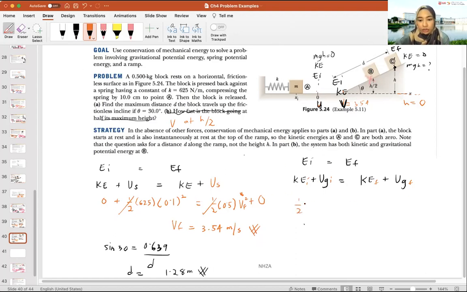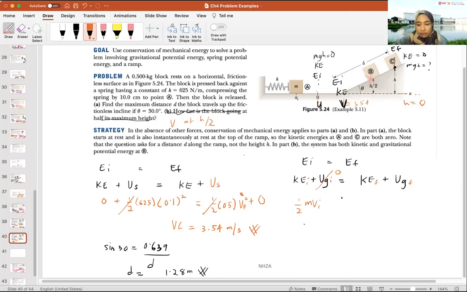So 1 over 2 m v_i squared plus, we start from the bottom of the incline, so U_G is equal to 0. At this point, we have KE and we also have UG. So this energy is transformed into two types of energy.